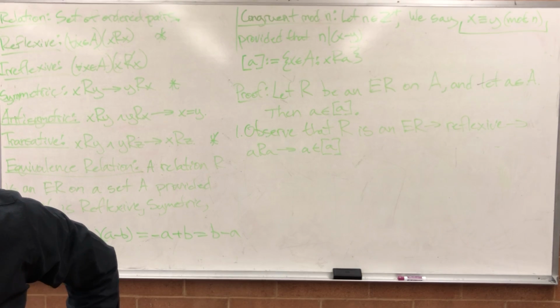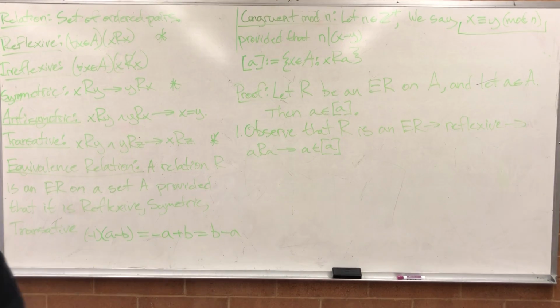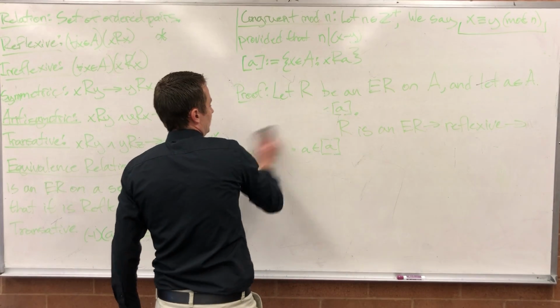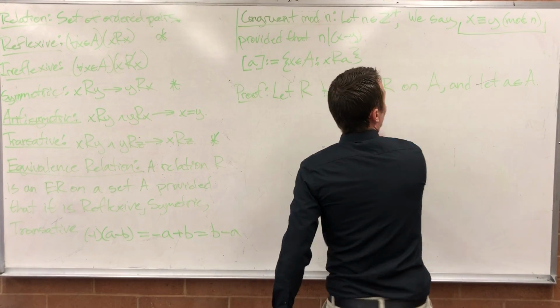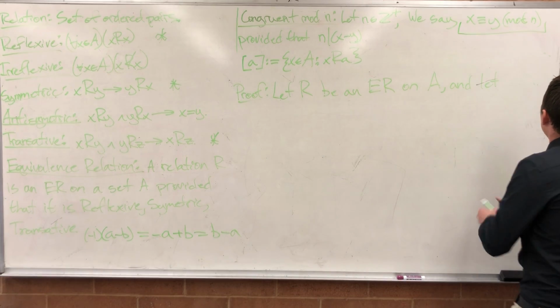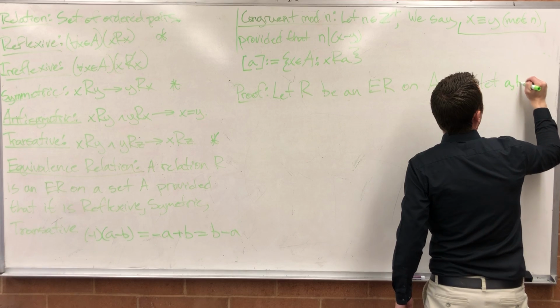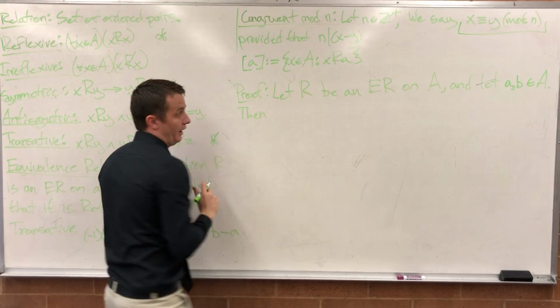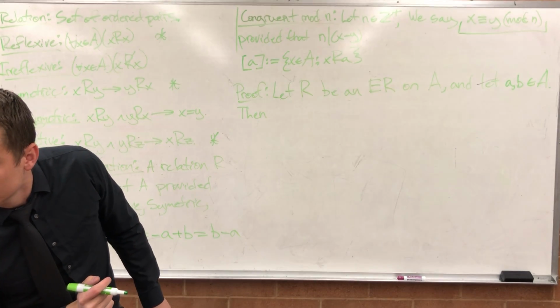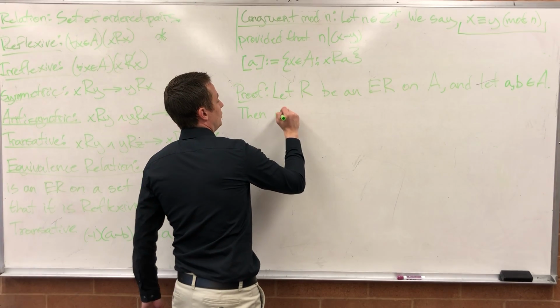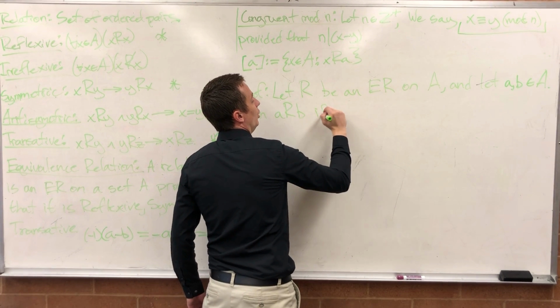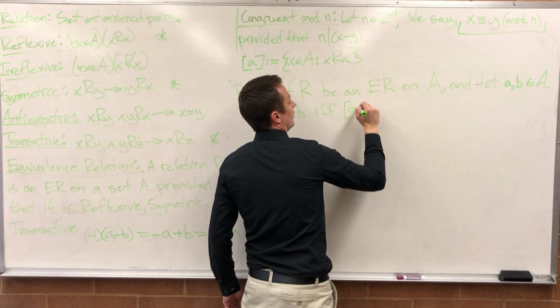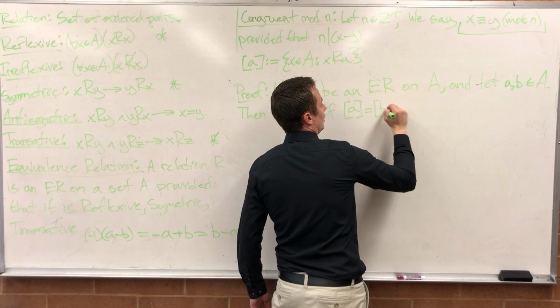Let's see if he gives us a more complicated proof. Let R be an equivalence relation on a set A, and let a and b be in A. Then a is related to b if and only if they have the same equivalence class. Okay, that's a more fun one. Let R be an equivalence relation on A, and let little a and b be in A. Then a is related to b if and only if the equivalence class of a is equal to the equivalence class of b.